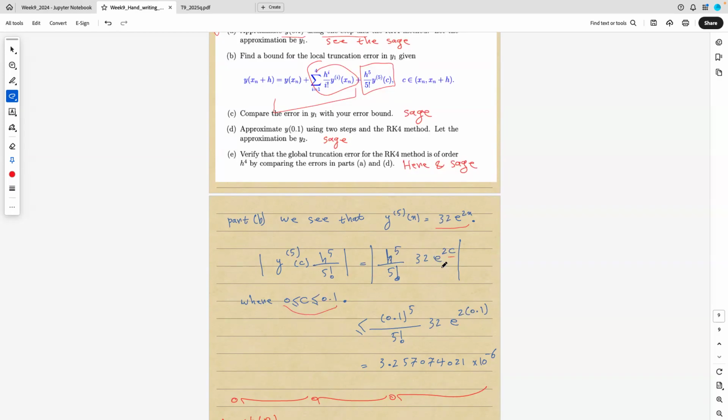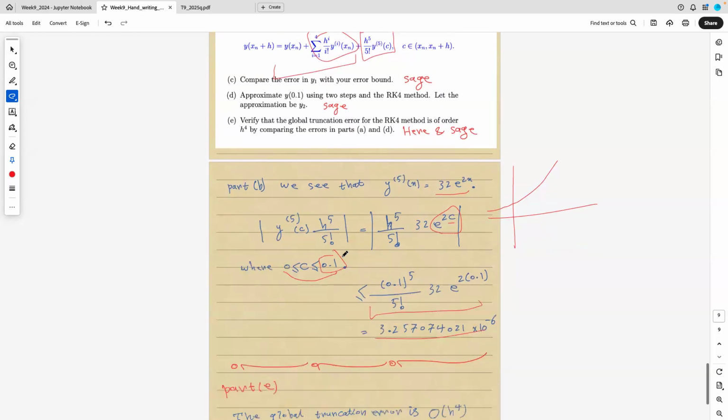Now, exponential of 2c is a strictly increasing function. Last time I had to take the left number, but this one is strictly increasing, so I will take c equal 1/10 to get an upper bound. So it is this guy, and the answer is this one.